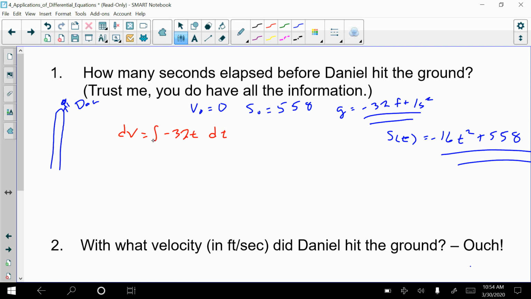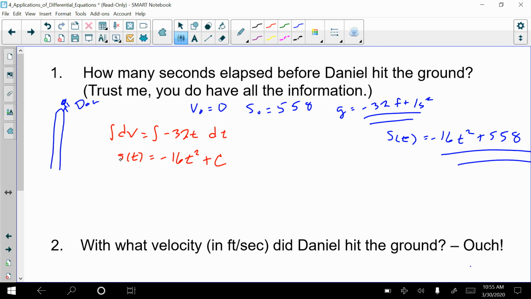So we take the integration of both sides, and I get v of t equal to negative 32t plus our constant c. Well, I'm sorry, not v of t, that's going to be s of t, because we're starting with s of t.